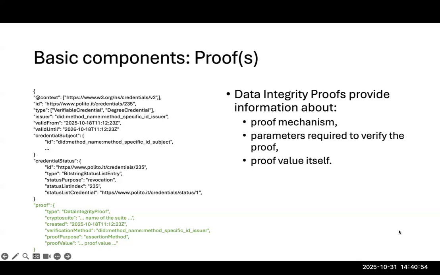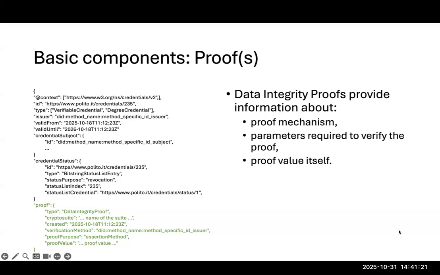The proof essentially today requires a type property that is DataIntegrityProof. The cryptosuite, the name of the cryptosuite, is the algorithms used to generate keys and sign, of course the algorithms that the verifier needs to use to verify the proof.